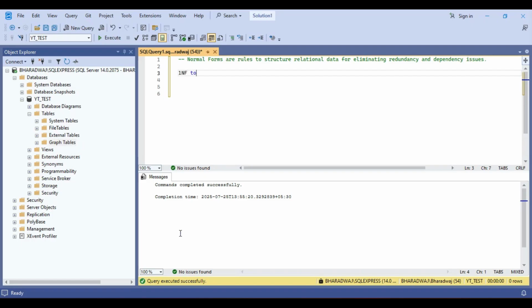So one normal form, two normal form, three normal form, four normal form, five normal form.